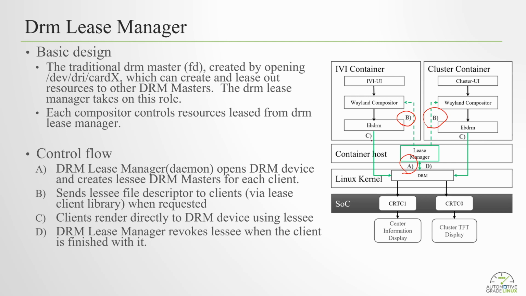C, these clients render directly to their own DLM device using the releases. And finally D, the DLM release manager revokes releases when the client is finished with it. That's the basic design and flow.